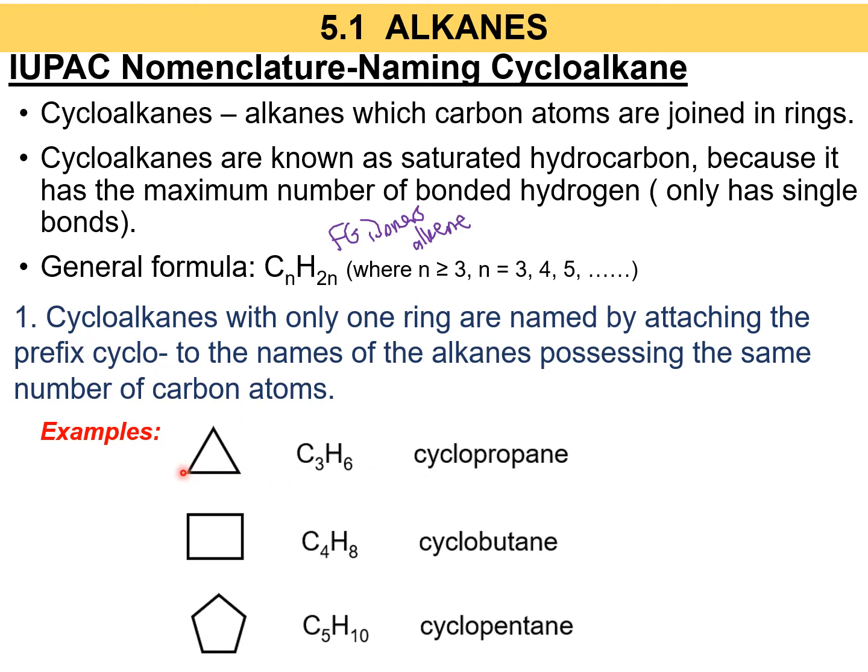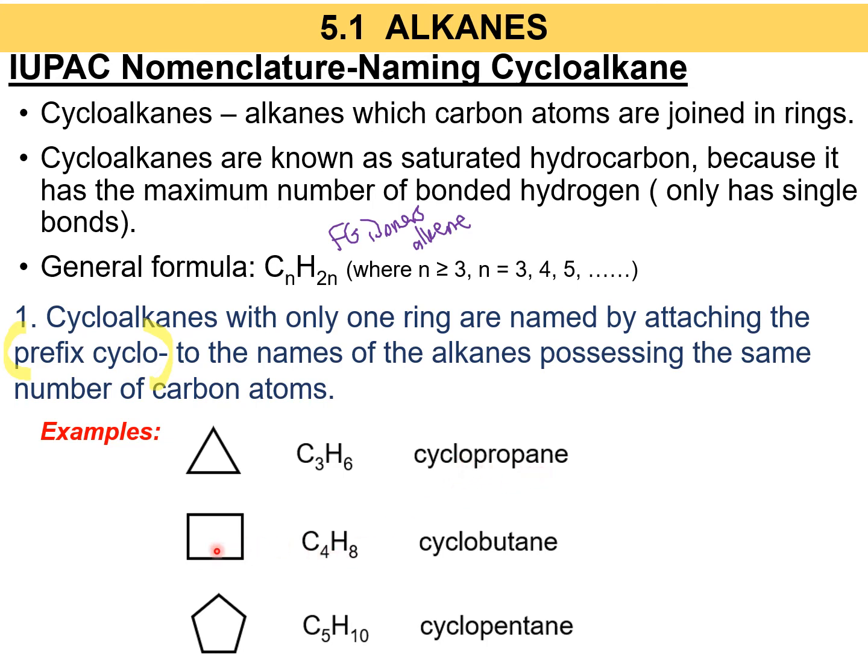If it is a triangle like this, it means it has 3 carbon atoms, right? For 3 carbon atoms, the alkane is propane, but you just put the prefix cyclo in front. When naming it according to the IUPAC nomenclature, it is going to be cyclopropane.